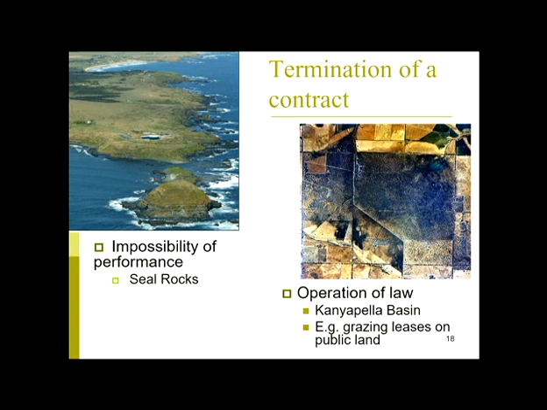But one of the biggest degrading factors was sheep and cattle going in there and grazing. So part of the rehabilitation and the more sustainable management was just not to renew the leases. So these were 99-year leases that were getting towards the end of that 99 years, and the council just said, no, we're not going to renew them. So this is an example of the operation of law. No longer grazing leases available for this site. So those contracts were ended.